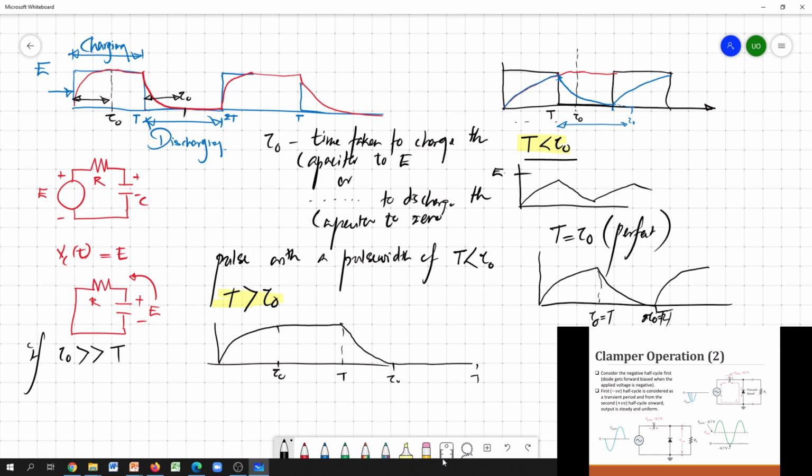It means the capacitor needs a reasonably large time to pick up its voltage to its maximum. So if you draw it, it's something like that. So let's assume this is your waveform. So it's something like that.